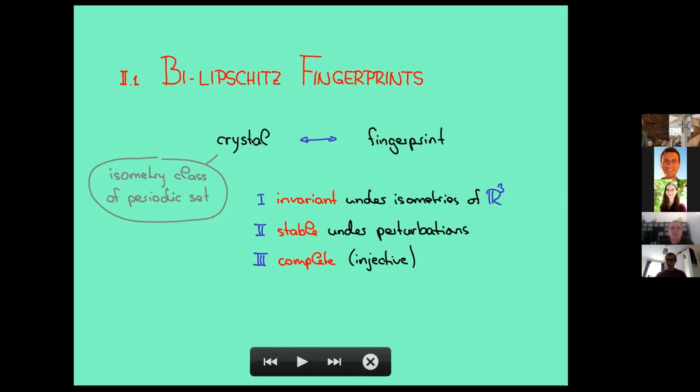And we would like to map such an isometry class to a fingerprint, which is some kind of structure. And we would like to have this map be Lipschitz, which means it's stable in both directions, and also complete.